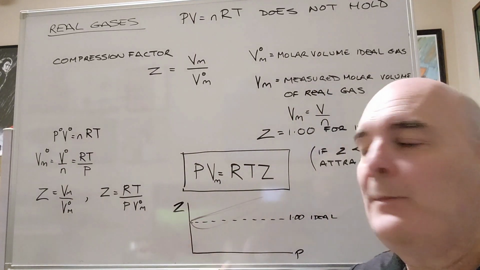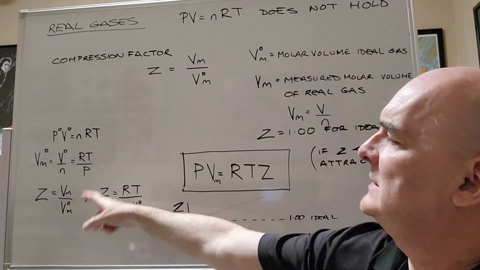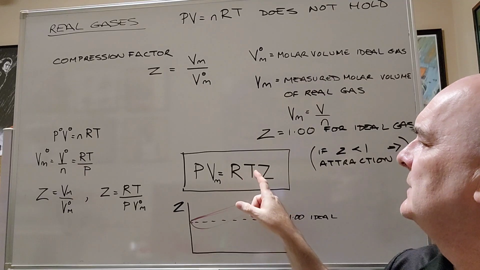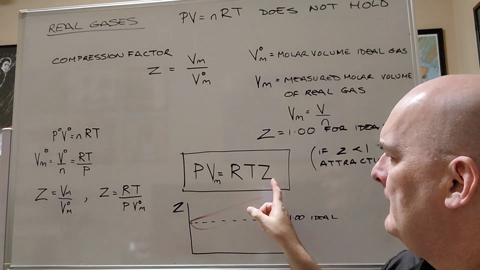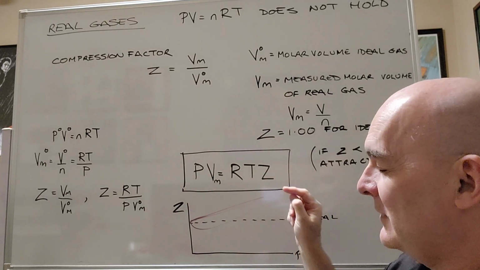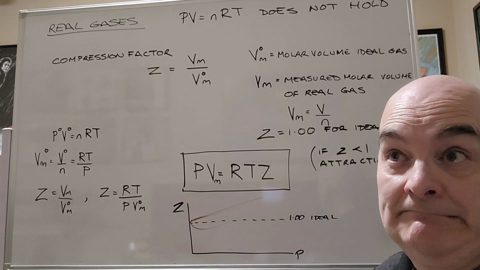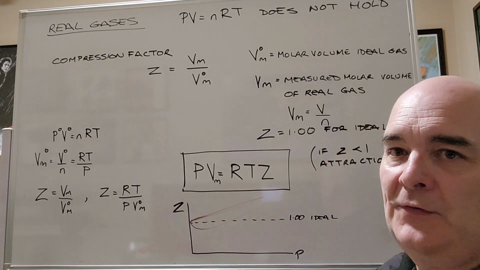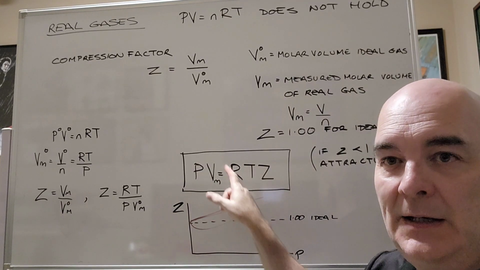And we can throw that back in, and this is the in-between part right here. We get PV equals RTZ. Oftentimes that's written in terms of Z, that Z is PV over RT. But this is a molar volume, which already has an n in it.